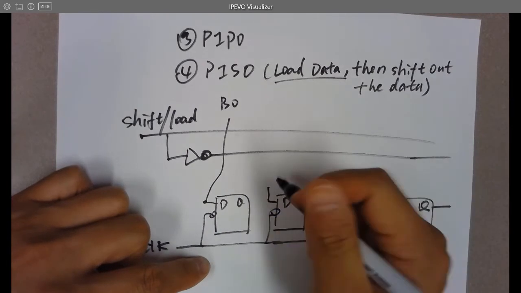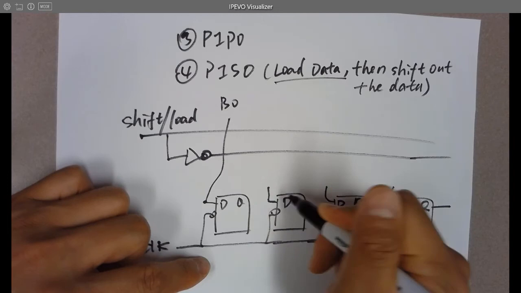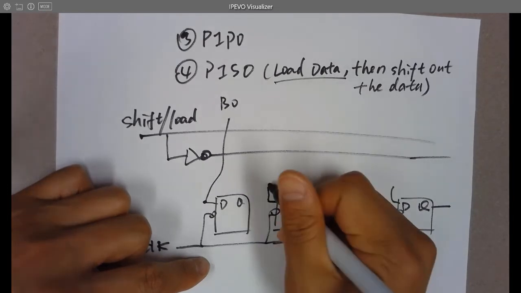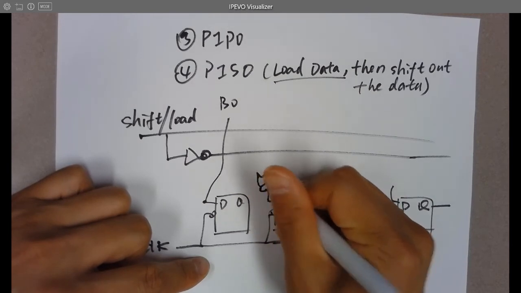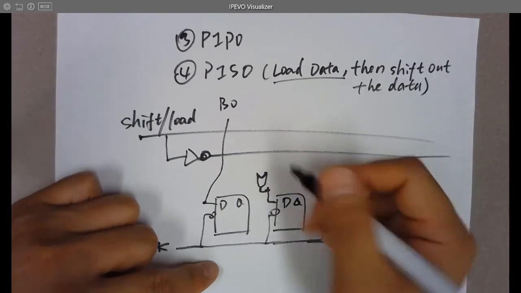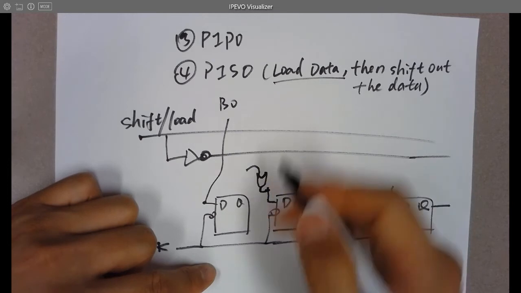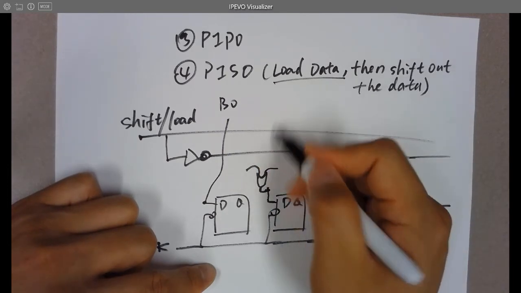So you have two paths for the data to be loaded to here, which means you need an OR gate first to connect to that. And the OR gate will have two paths. One is from here, another one is from the data line here.